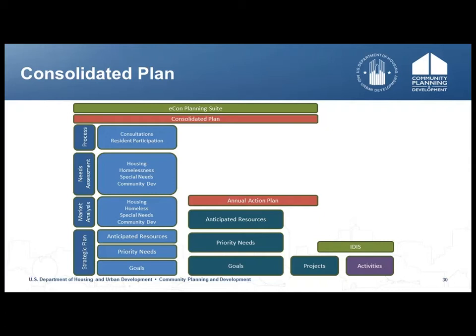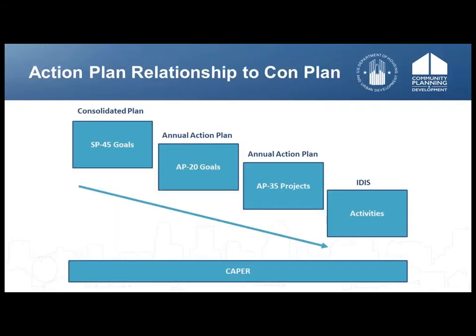So it's important to get a general flow of the system functions. I think this graph does that well. We have a few more to go through that will look at the same information but kind of cut up differently. So this graphic is really showing you how the goals from your SP, which is the SP-45 goals, kind of flows all the way down to activity.